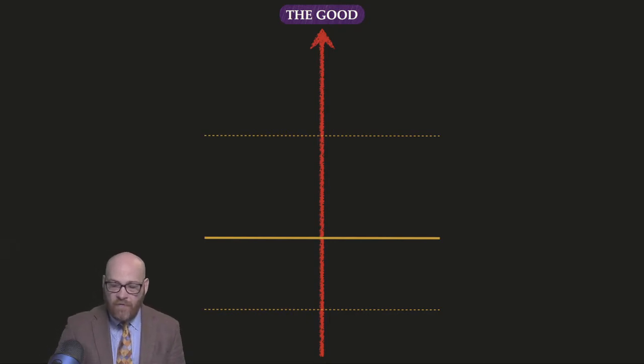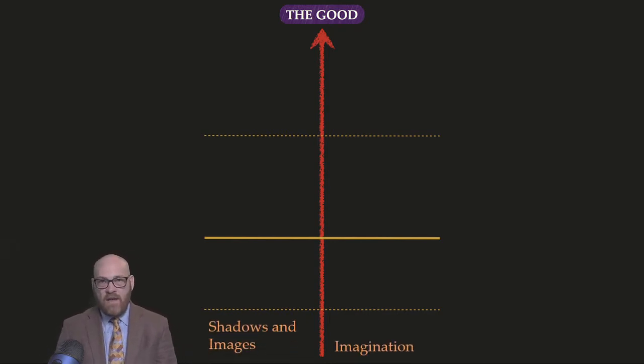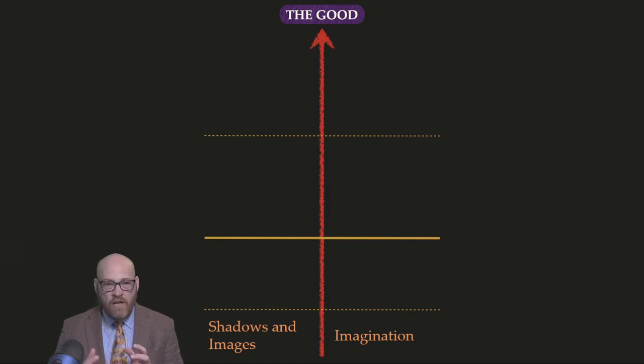So this first section of knowledge. He calls these shadows and images. And the way that we apprehend shadows and images, we're only grasping at imagination. And I'll elaborate on this in a second. But these things that he puts in the category of shadow and image, if we believe these things are real, we are in error.